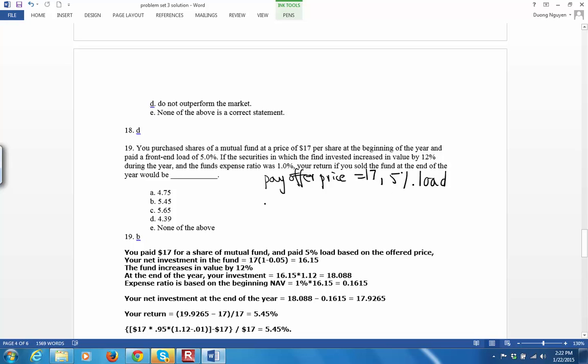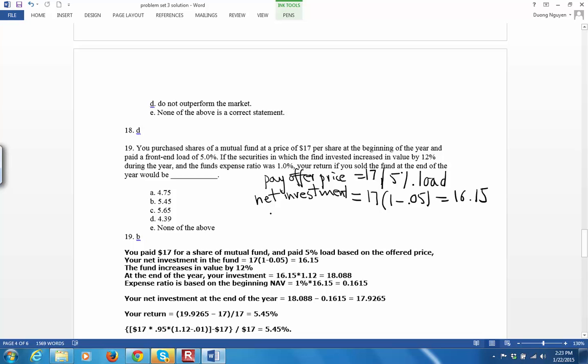So therefore the net investment in the fund is $17 times 1 minus 0.05, which equals $16.15.